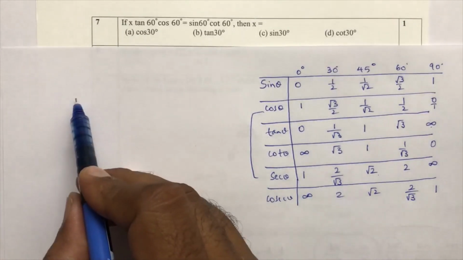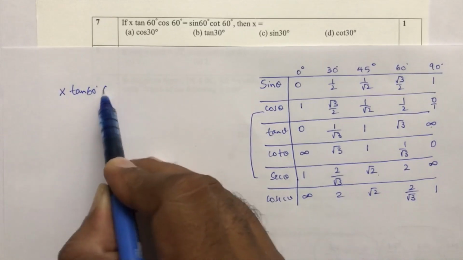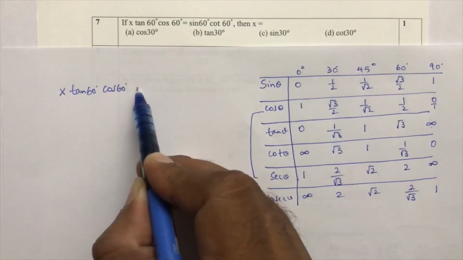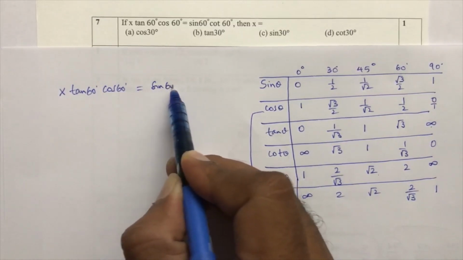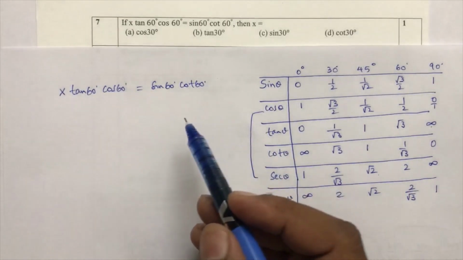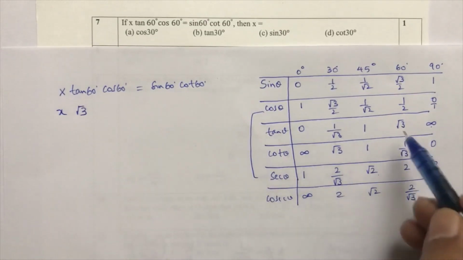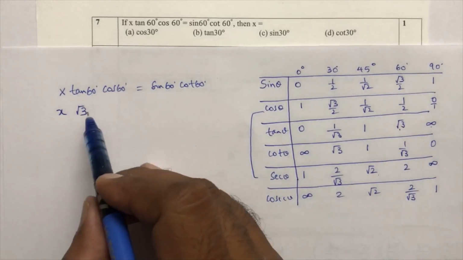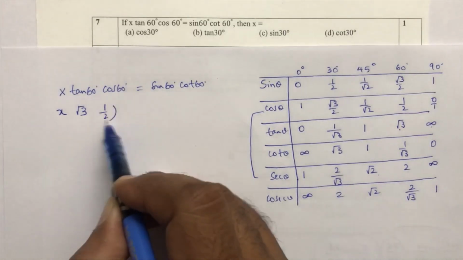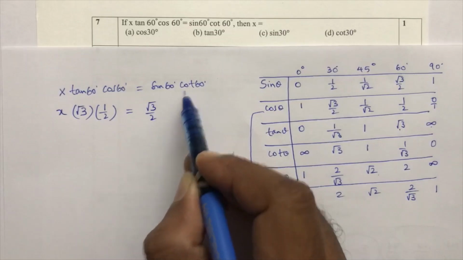Now in the question here, x tan 60, cos 60, sin 60, cot 60. If you remember the values directly, you substitute. Tan 60 is root 3. Cos 60 is 1 by 2. Sin 60 is root 3 by 2.